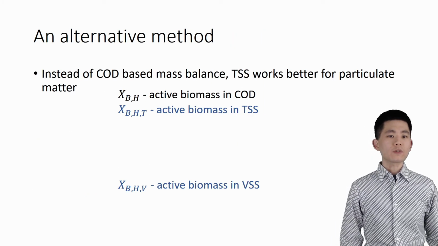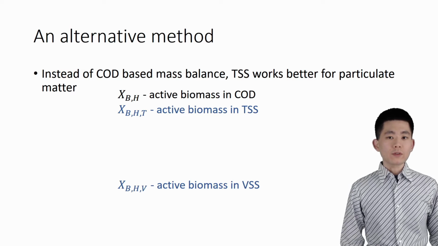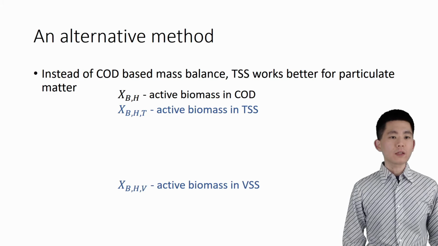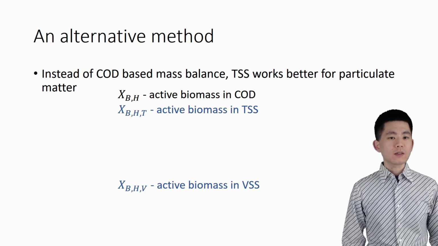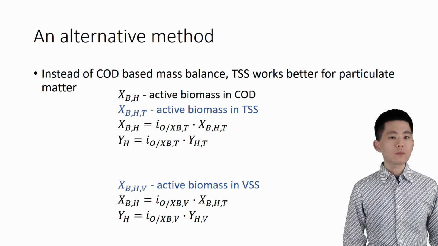Recall that the previously shown stoichiometric equations are COD based. But for the particulate matters like biomass, TSS and VSS are more commonly used. We can do a simple conversion from COD-based biomass concentration and yield to TSS and VSS-based biomass and yield, with the conversion factors iOXBT and iOXBV.